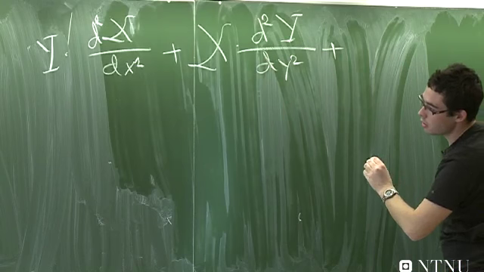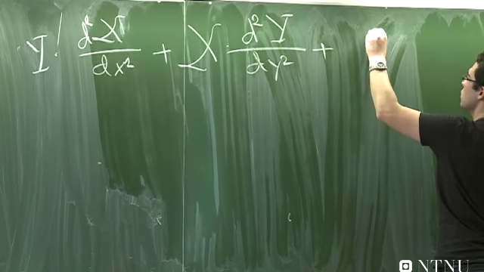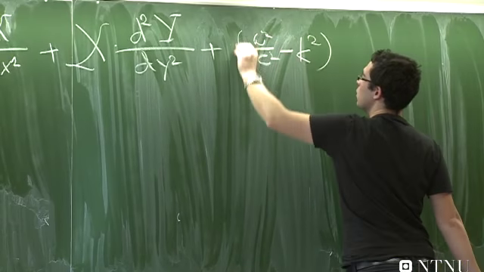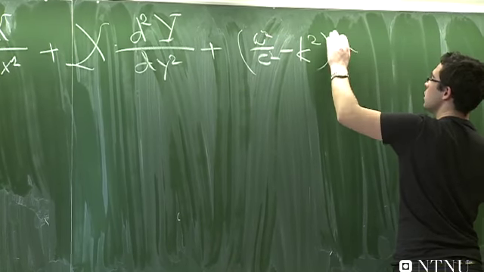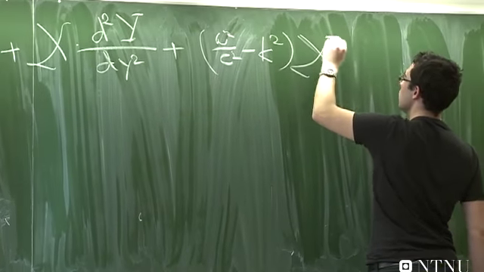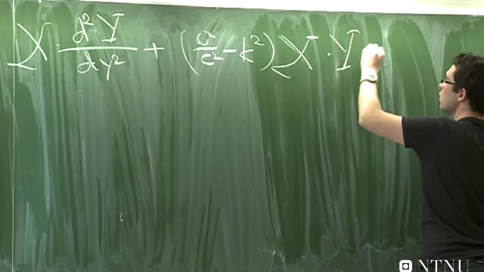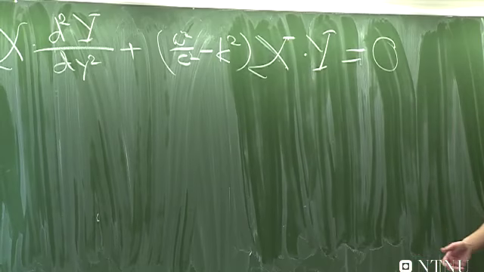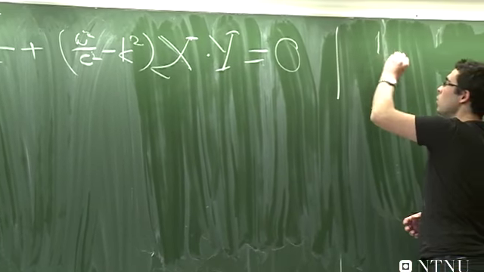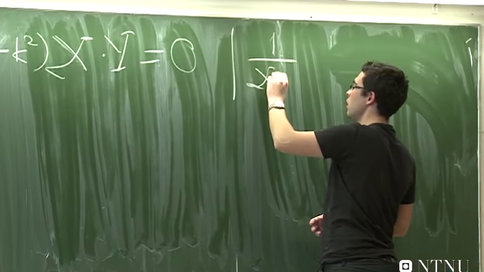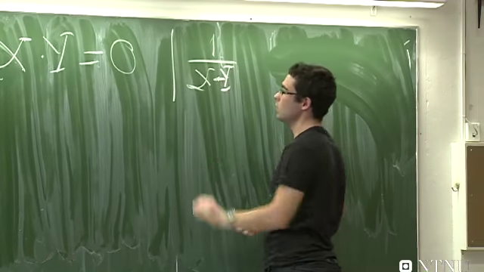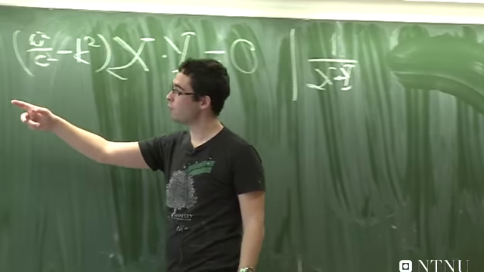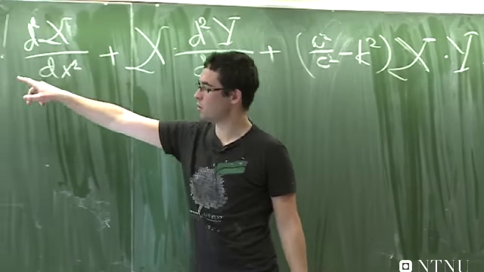And then there's the omega square over c square minus k square times X times Y is equal to 0. And now, same procedure as last year. Multiply by 1 over X times Y on both sides, and then I get rid of the X times Y here. This one goes away, and this one goes away.